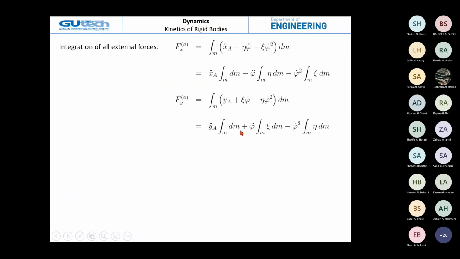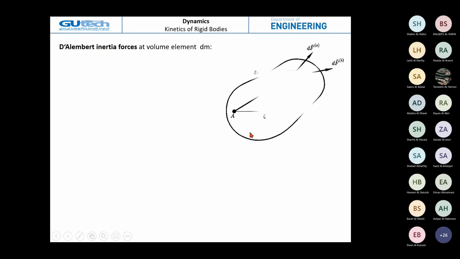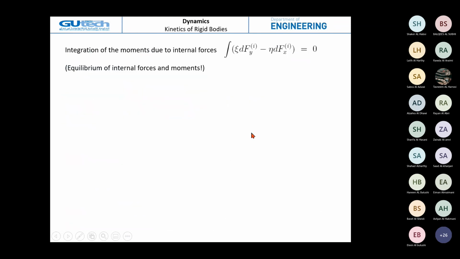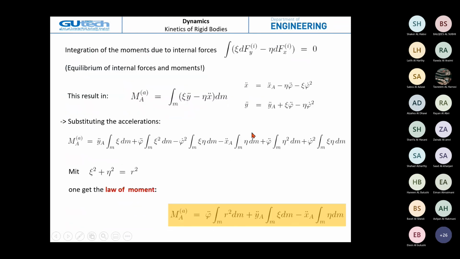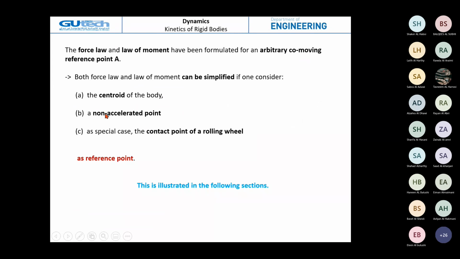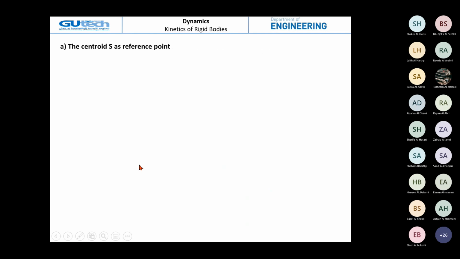Consider an accelerated point, a special case, the contact point of a rolling wheel. We take this as a reference point, which will be illustrated in the following.